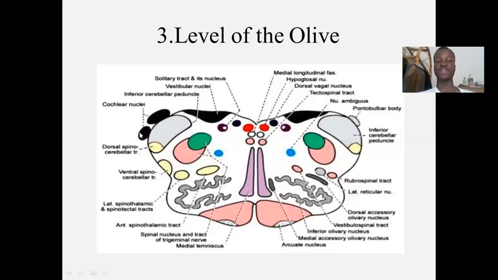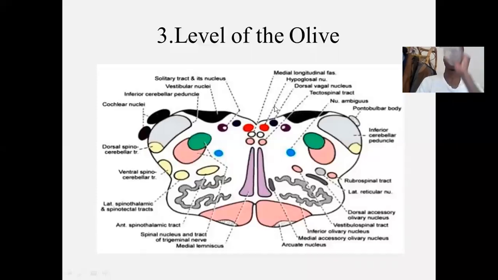Then from the ventral one, you'd expect to have your trapezoid body, which is the ventral acoustic stria, right? Then also from this view, you can notice the presence of these accessory olivary nuclei, the dorsal one and the medial one.